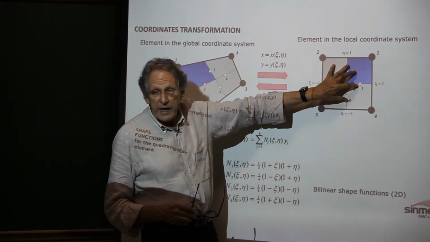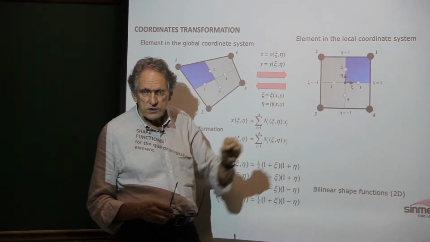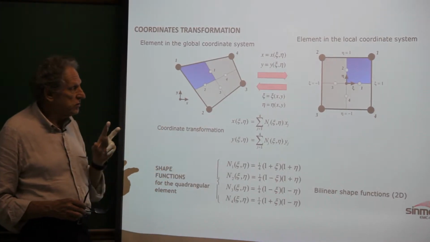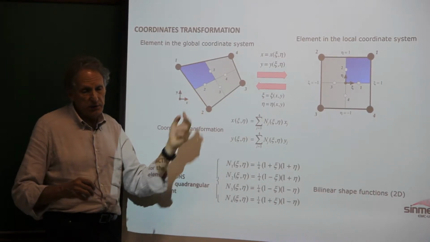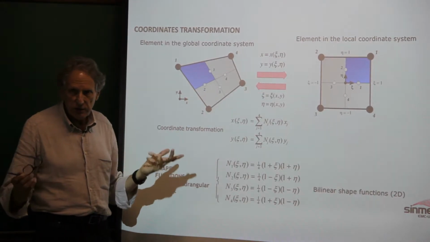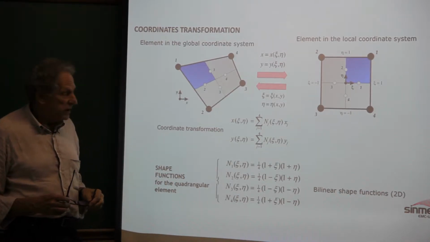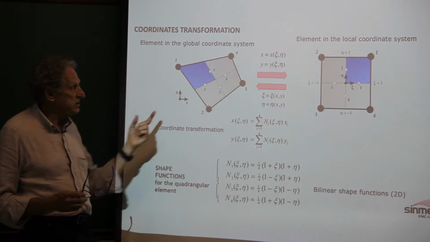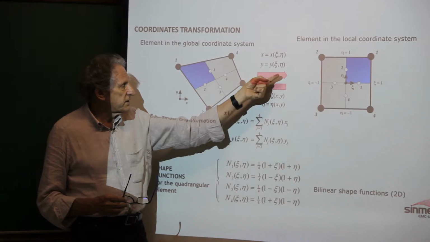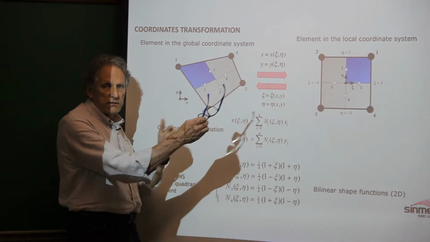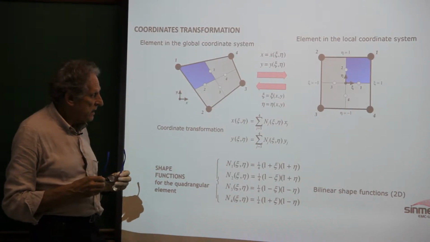So the area of this transformed element is 2 times 2, which is 4, and it is related to the physical area by the Jacobian, as we already saw studying the curvilinear coordinate system. So there is a transformation: x is a function of xi and eta, y is a function of xi and eta, and you have the inverse of the transformation, everything is the same.